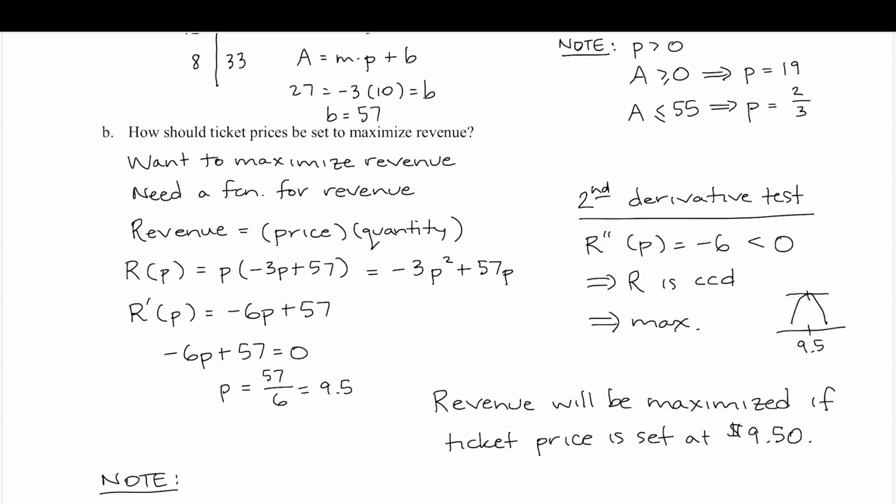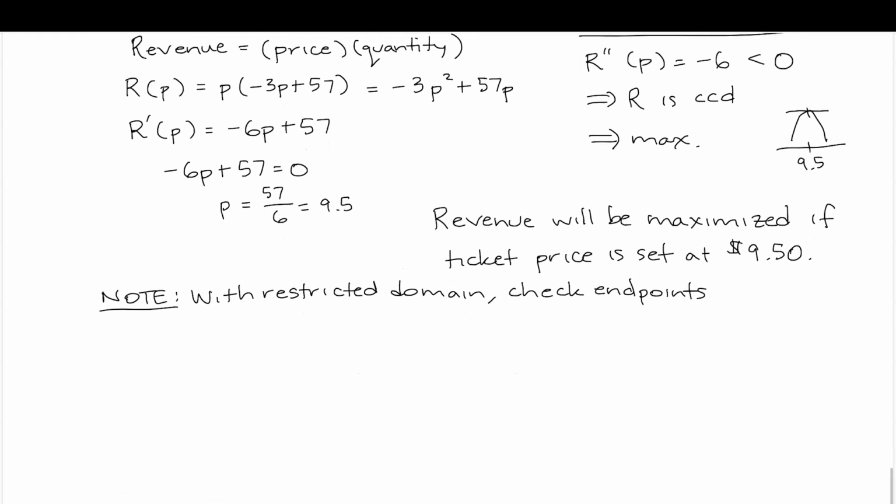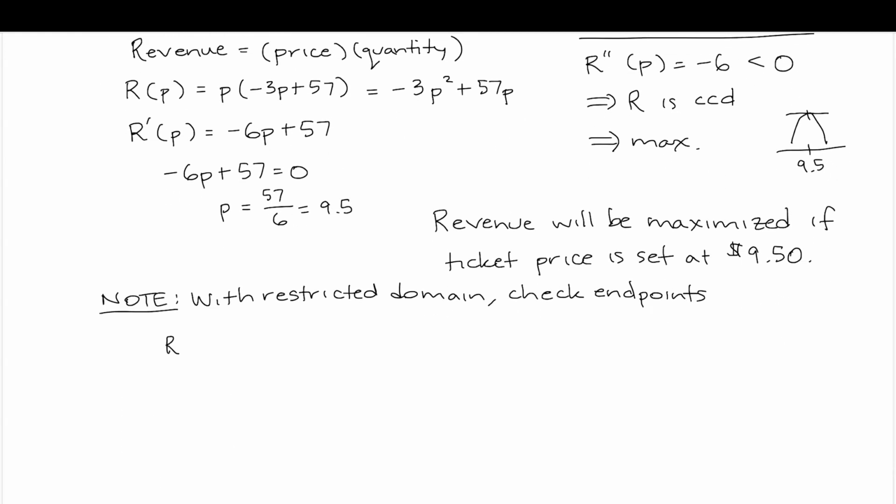In this specific example, we know that this is an absolute maximum, but in general, if we have a restricted domain, we should check, and I'm just going to demonstrate the technique, we should check the endpoints as well.